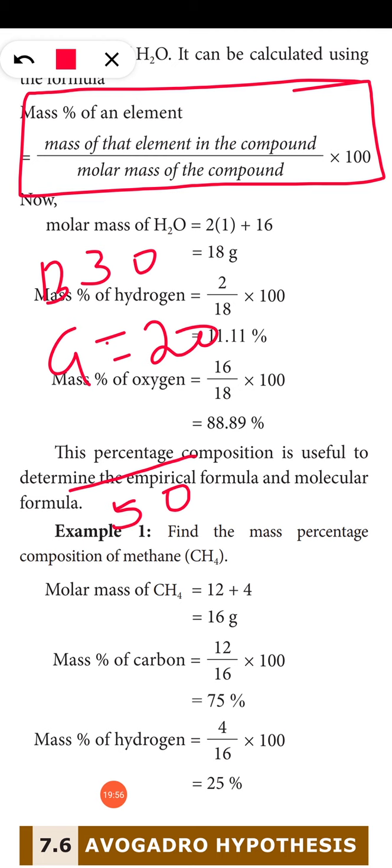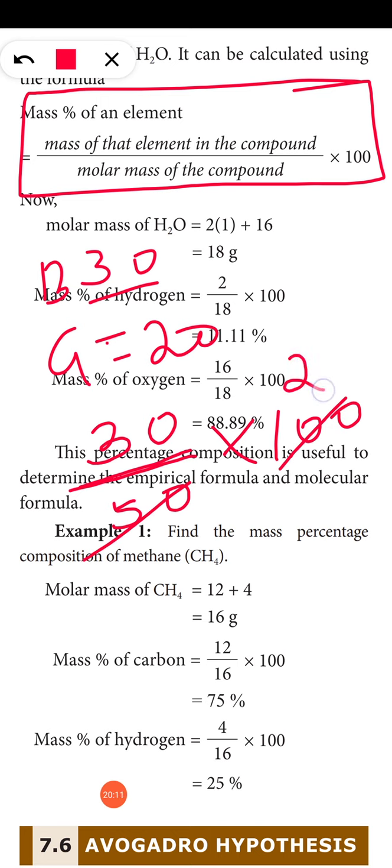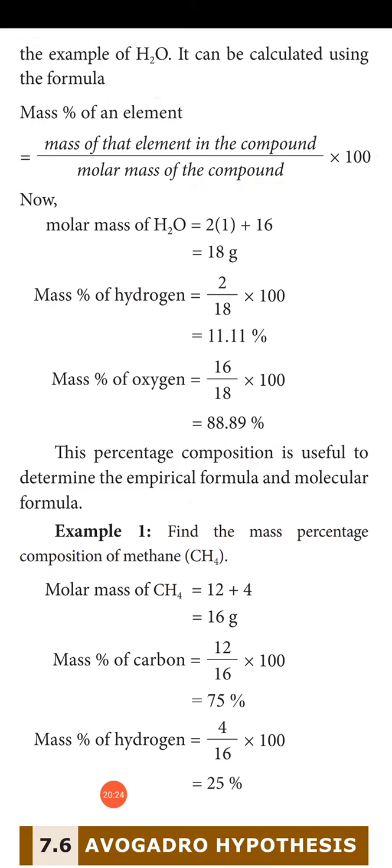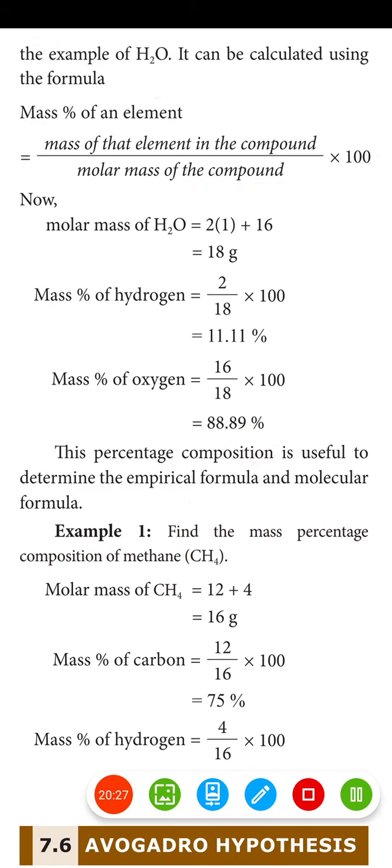If you want to calculate the boys percentage means, number of students of boys 30 divided by total class strength into 100. By solving this you will get 2. So 30 into 2 is equal to 60% of boys are present in your class. In same way we have to calculate mass percentage of the element present in a compound.